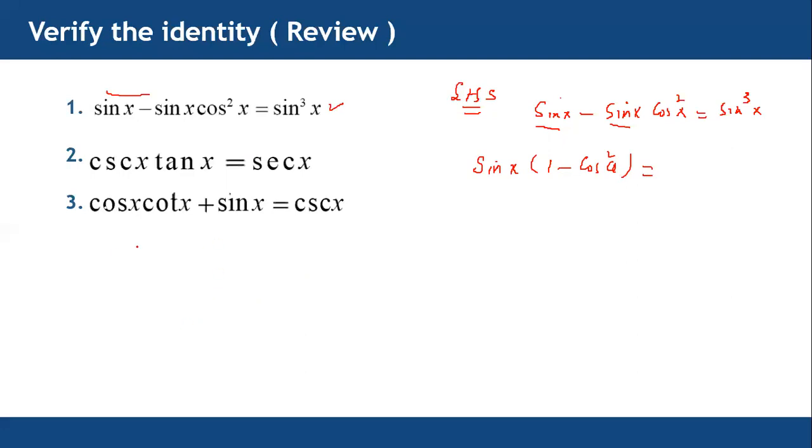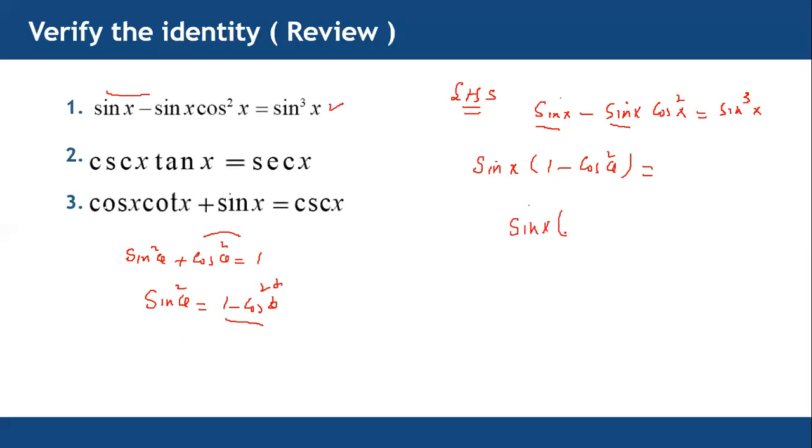As we know from the first formula, sin square plus cosine square equal to 1. So if you transfer cosine to the other side, sine square theta equal to 1 minus cosine square theta. So you can replace 1 minus cosine square theta by sine square theta.